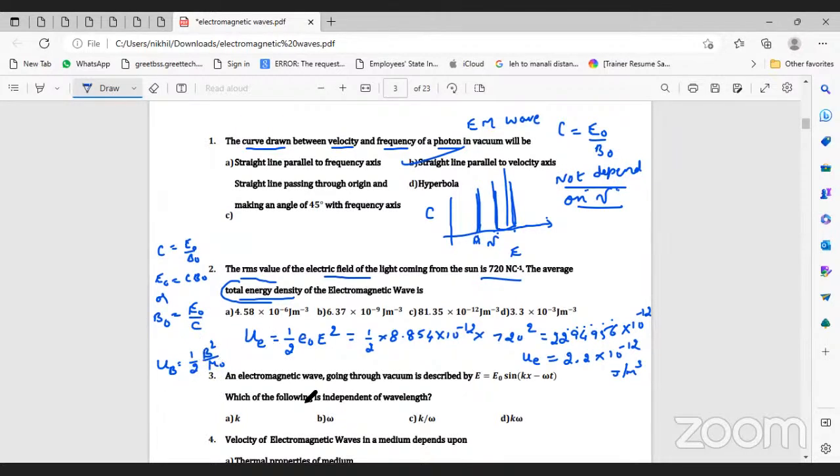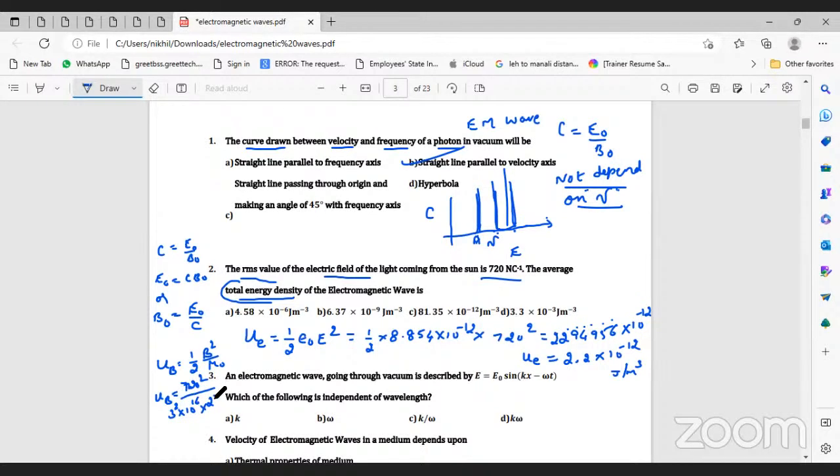Clear? So UB is equal to, you know that B squared is nothing but E naught squared by C squared. So 720 squared divided by C squared, that is 3 squared into 10 power 16, into this 2 as it is.